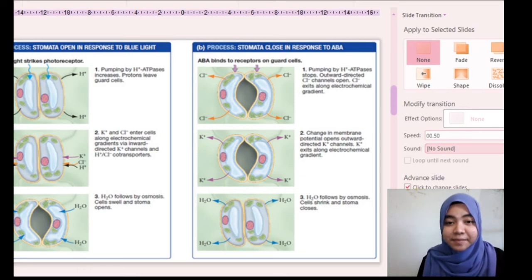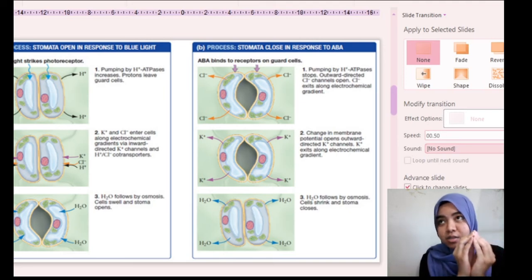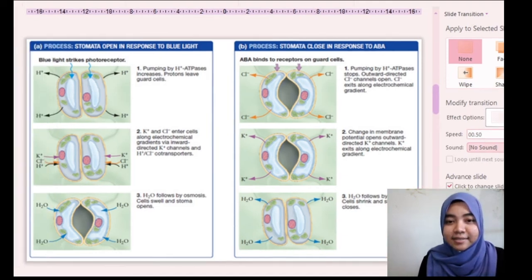And the last step is that water will follow by osmosis, so water will exit the guard cell, and it will decrease the turgor pressure, so the cell will shrink and the stoma will close. Okay, that's it for the process. I hope all of you can get it.